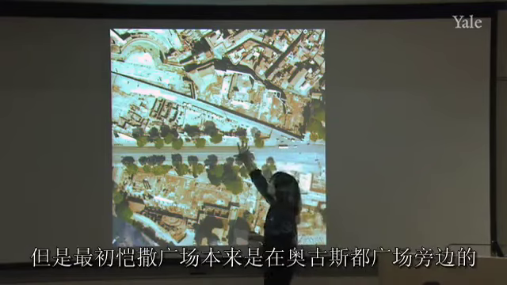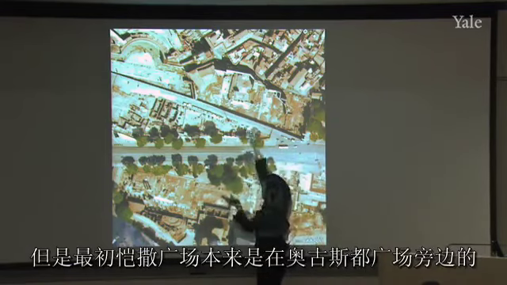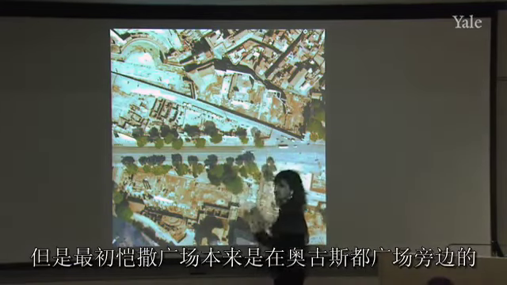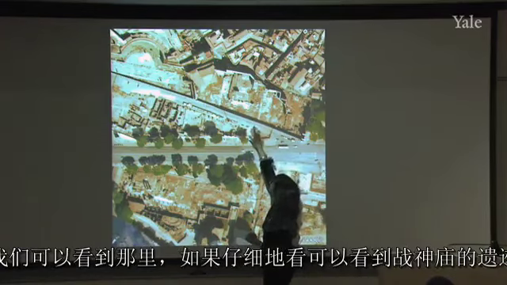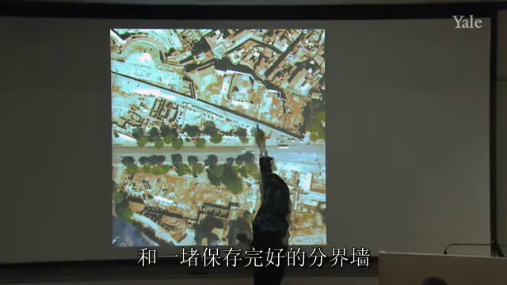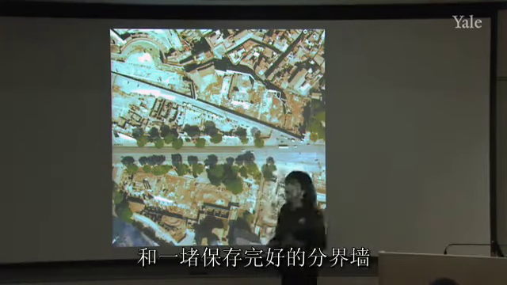So the modern street, but initially the Forum of Caesar would have stood exactly next to the Forum of Augustus. We see that here, and if you look carefully, you can see the remains of the Temple of Mars Ultor, as well as a precinct wall that is preserved.